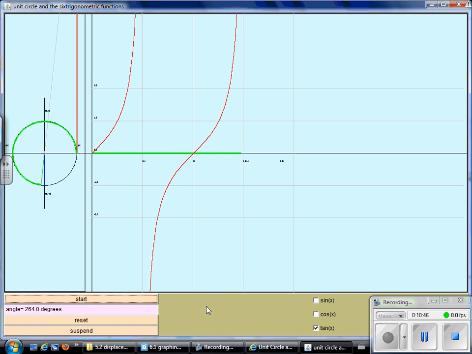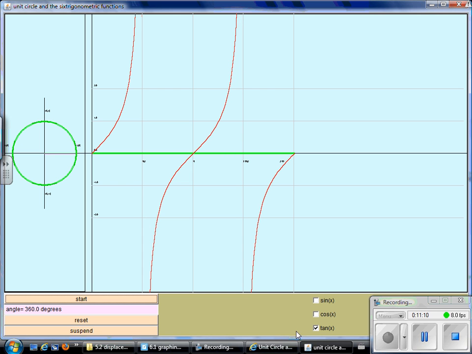And it's going way, way up, and then notice it's starting to come back up again. So really what's happening here is these places where it's going up and then coming back down, actually there are asymptotes located at those locations. So in this case, there's an asymptote at 90 degrees and at 270.